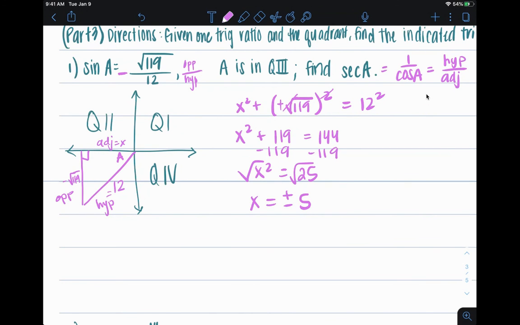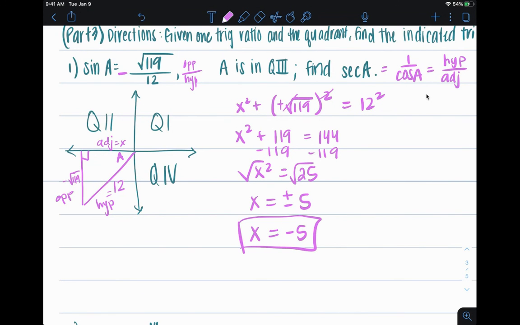In this case, if you're looking at which quadrant your value is in, we are over here in quadrant 3. Both our x and our y values are negative down here. We're on the negative side of our x-axis, so we are actually going to be looking at x equals -5.